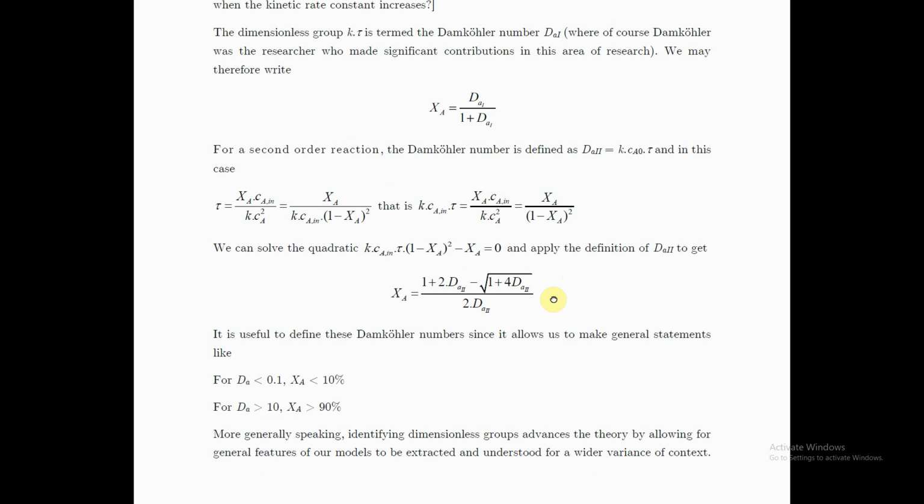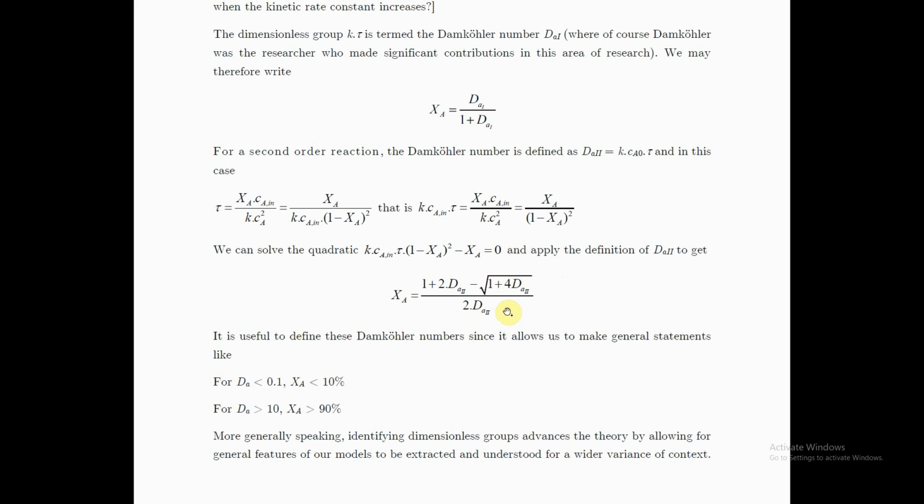And in this case, again, if you apply a Damköhler number close to 0, you can see that this number tends to 0. And if it goes extremely large, then this number gets closer and closer to 1. As it gets closer to 0, you're getting 1 minus 1 here, and then divided by another number, so that's effectively a 0 divided by another number, so that's close to 0.